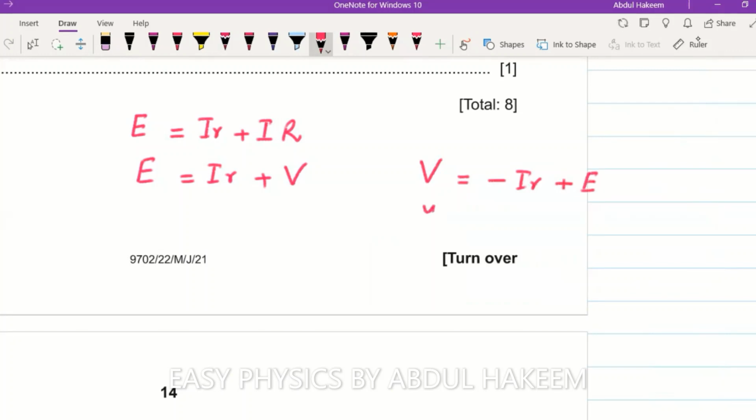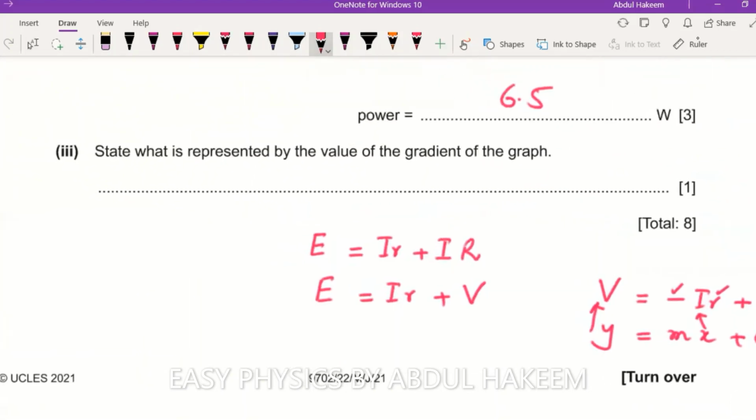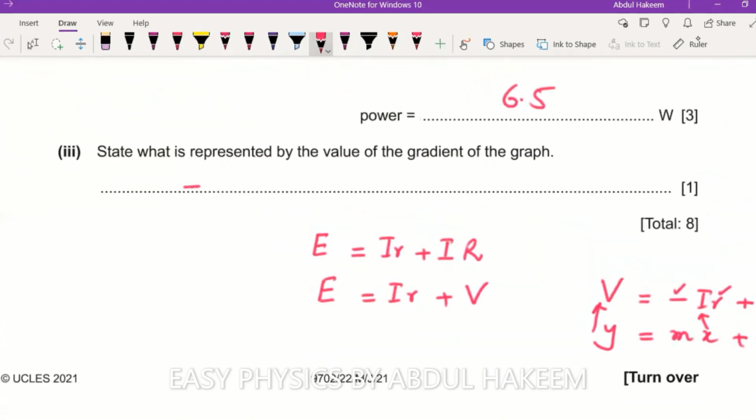When we compare it with a straight line, y is equal to mx plus c, at the x-axis the current is plotted, at the y-axis the voltage is plotted. So this minus r is the gradient and the y-intercept is c. Yes, we have read that. So this is not the external resistor, capital R. So this is the negative internal resistance, or just write the internal resistance.